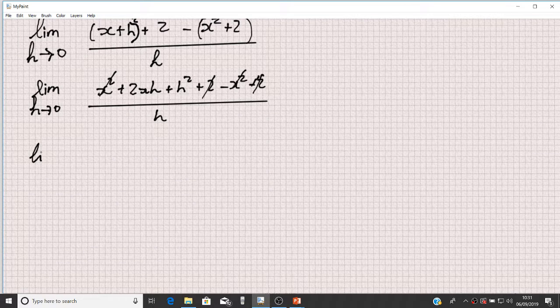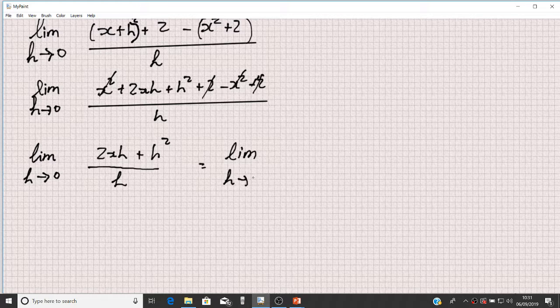And then I'll continue on to say the limit as h approaches 0 of 2xh plus h squared all over h, and I can divide out by h, so that will give me the limit as h approaches 0 of 2x plus h.